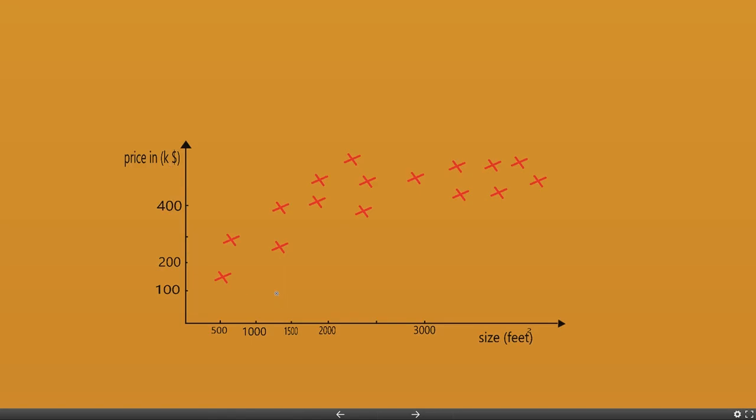So, as a human being, naturally, what are you going to do to predict? For example, your friend wants a house of 1,000 feet square. As a human being, you're going to kind of draw a line here, and you're going to say probably 200K.